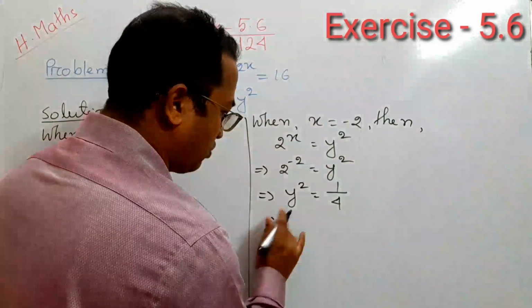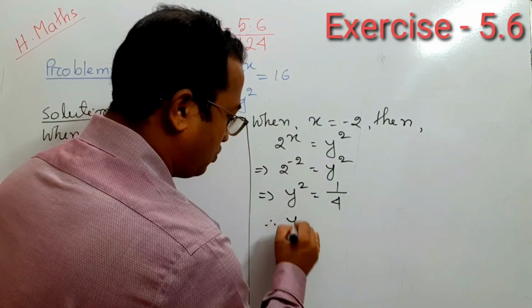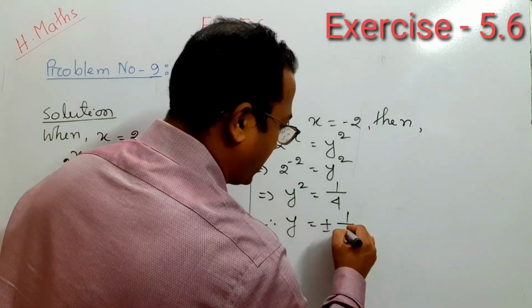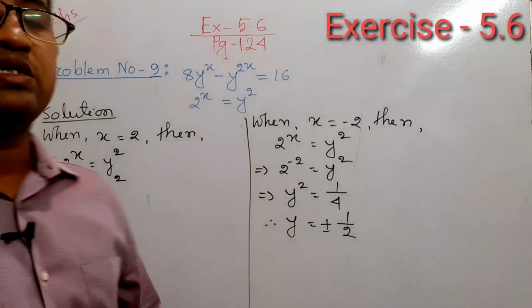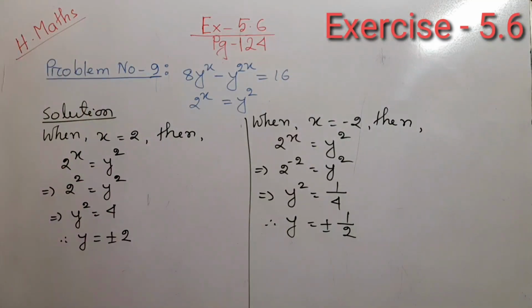Therefore y equal to plus minus 1 by 2. If I take the square root, 1 by 4 becomes plus minus 1 by 2. So we got the value of y.